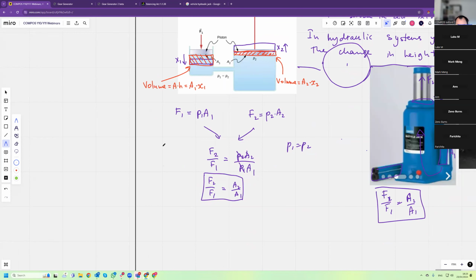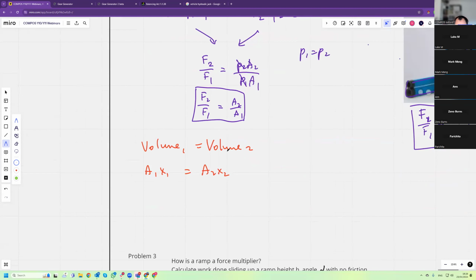Volume 1 equals volume 2. And that means that A1 X1 is equal to A2 X2. And we can work out X2 from here. X2 is A1 X1 divided by A2. That is the distance moved by the second piston.